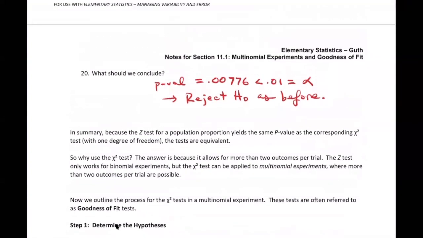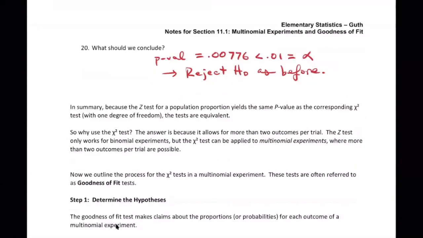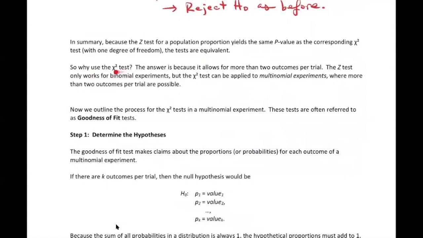Right, so anyway, let's do our quick little summary here, and we'll go on. It says, in summary, because the z-test for a population proportion yields the same p-value as the corresponding chi-square test with 1 degree of freedom, the tests are equivalent. So why use a chi-square test? The answer is because it allows more than 2 outcomes per trial. It's actually more useful than the z-test.